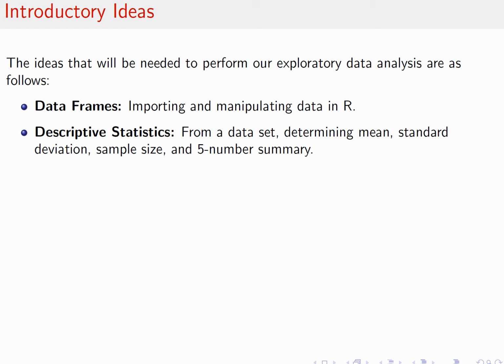Right. We're also going to learn about descriptive statistics. The main ones: mean, standard deviation, sample size. The 5-number summary includes the median, the min, the max, and also the quartiles, Q1 and Q3. Q1 is the 25th percentile and Q3 is the 75th percentile, and together they break up the data set into equally sized quarters. That's why they're called quartiles.